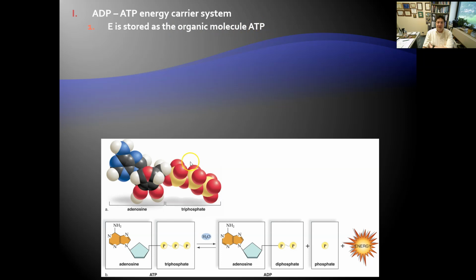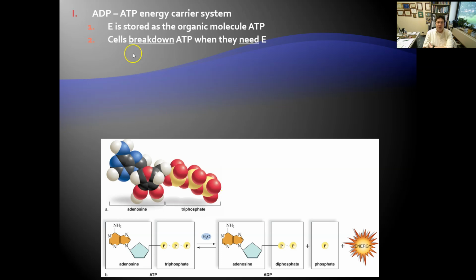ATP, pictured here, stands for adenosine triphosphate. So we have this adenosine piece of it and 1, 2, 3 phosphorus atoms attached to it. So adenosine triphosphate. This represents chemical energy, potential energy that can be used in living systems.